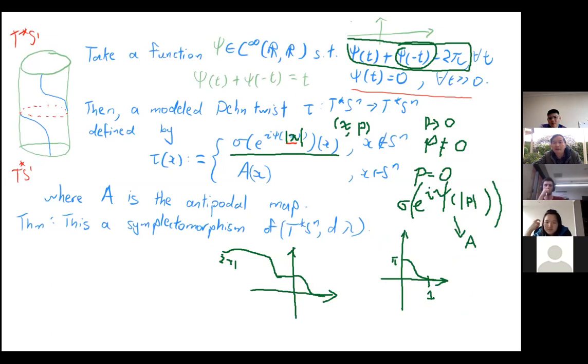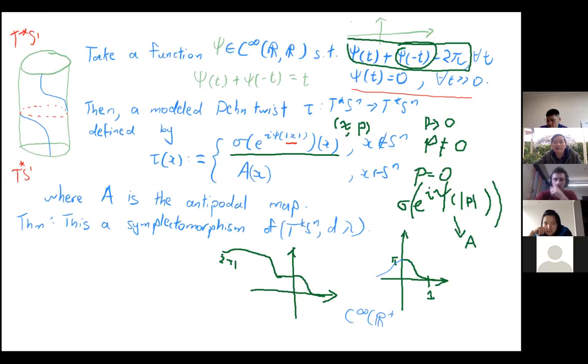Maybe, but does your function need to extend or not? No, it doesn't matter, because we don't need psi to be defined on the negative part. You mean reduce the domain? No, this psi you already applied to the positive part, so nothing about it.